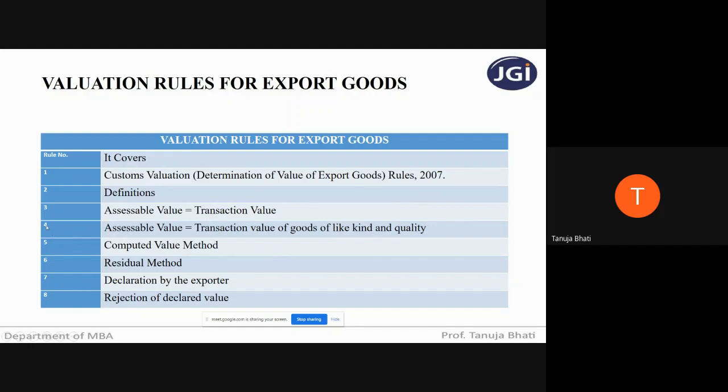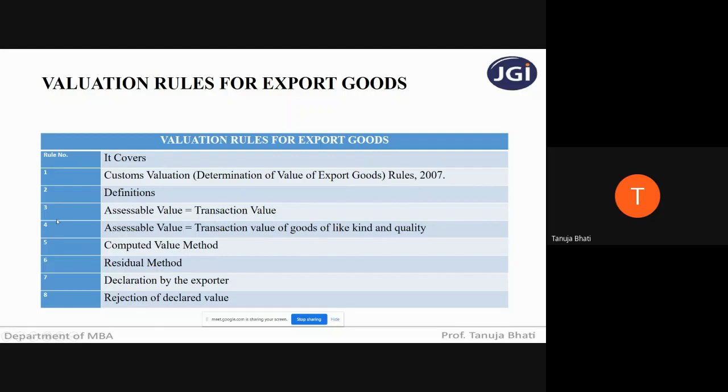Again, after determining the value as per rule number 4, you have to jump to rule number 7, where you declare the value. Then again, it depends on the customs authorities whether they accept or reject. If they reject, it will again go to rule number 8, and then you go to rule number 5, and so on.